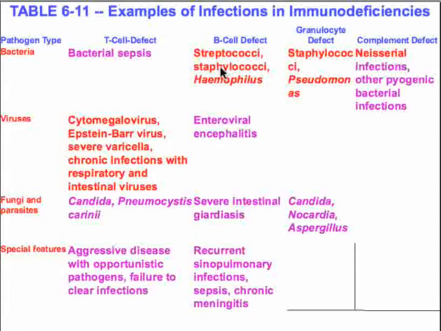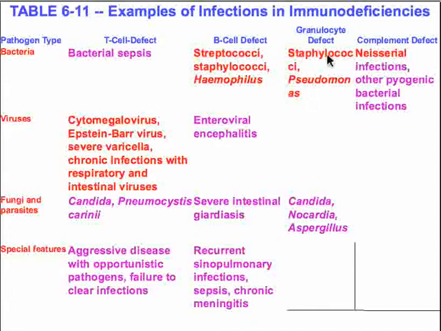bacterial, and specifically a strep, a staph, or a Haemophilus type of problem. Similarly, a granulocyte defect would manifest itself similar to a B cell defect, but specifically, you're more likely to encounter a staph or a pseudomonas type of infection.